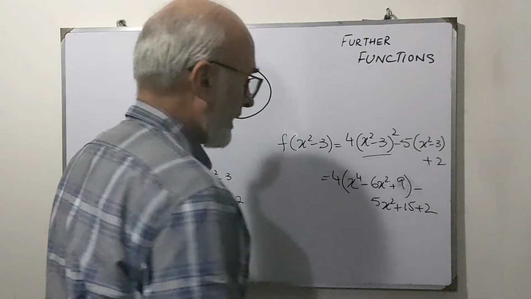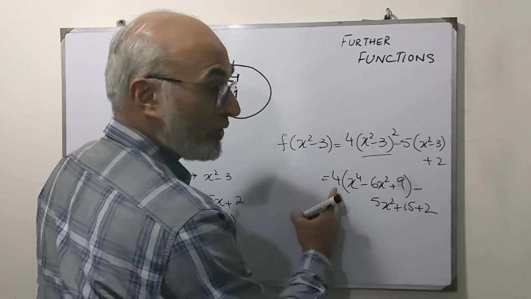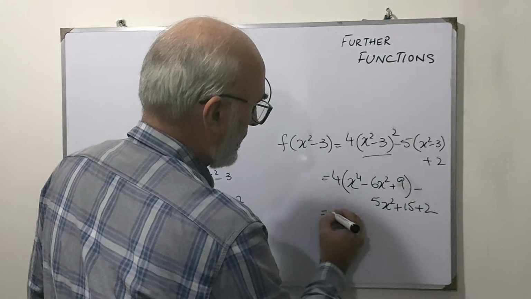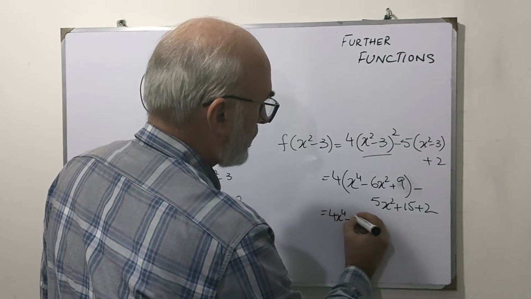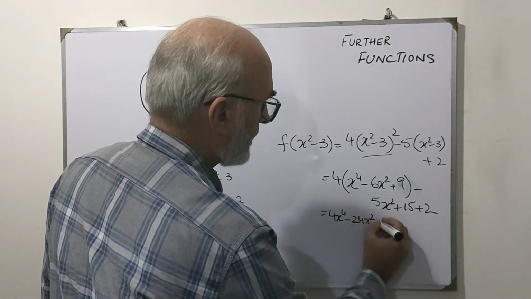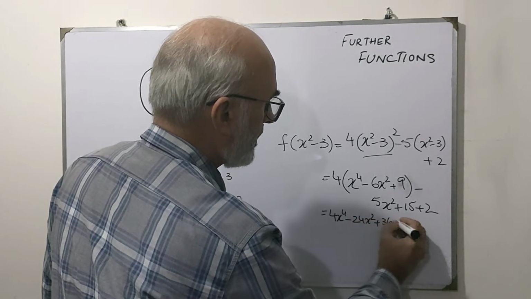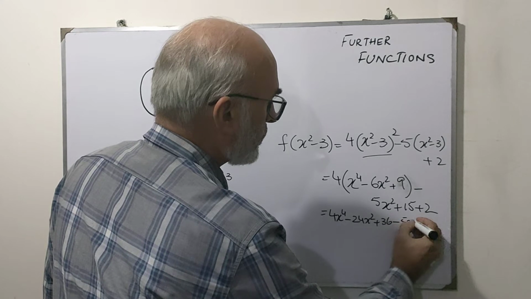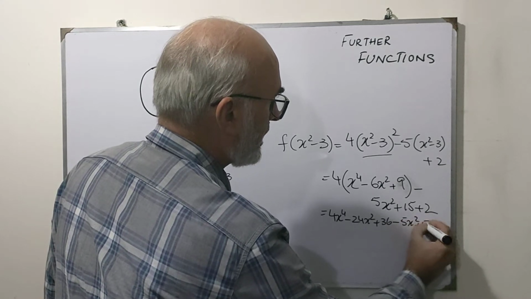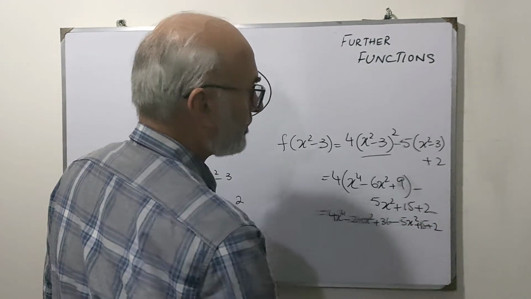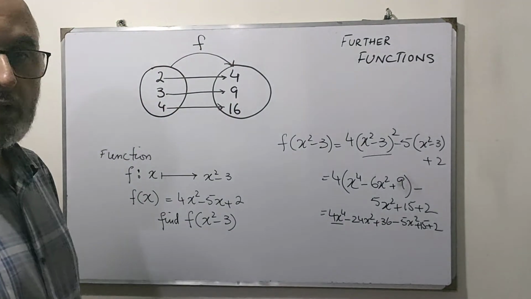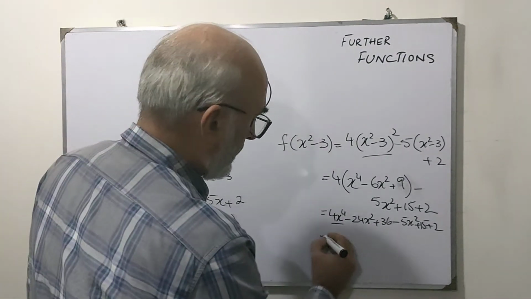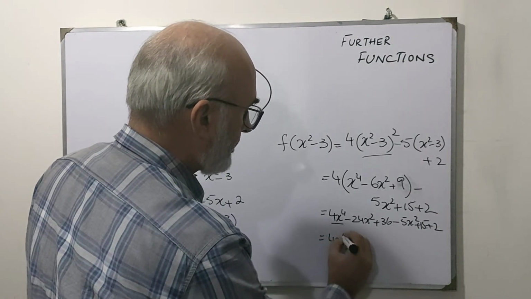Okay, so let's simplify it. We're going to multiply this with 4. So it is 4x to the 4 minus 24x square plus 36 minus 5x square plus 15 and plus 2. Right? So this is the only x to the 4 term, so we are going to write it as it is, 4x to the 4.